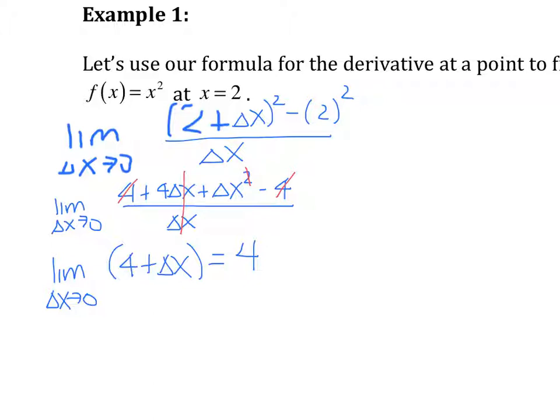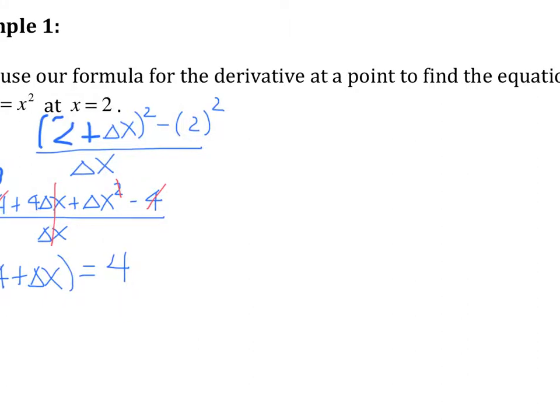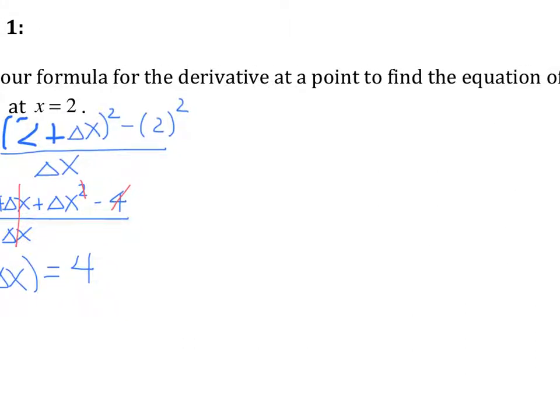The other option for us, instead of using that formula, is our second formula, the one I showed you at the end. For that we'd say limit as x approaches 2 of x squared minus 4 all over x minus 2. That is limit as x approaches c of f of x minus f of c all over x minus c.